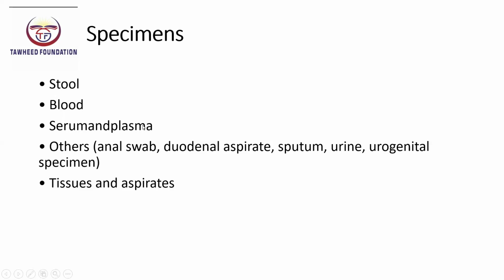Serum and plasma for indirect testing, which is antigen antibody detection. Other specimens include anal swabs, duodenal aspirate, sputum, urine, urogenital specimens, and tissue aspirates collected where specific parasites may localize. Correct specimen collection is essential for accurate laboratory diagnosis.